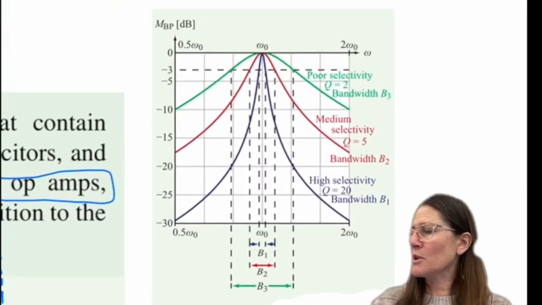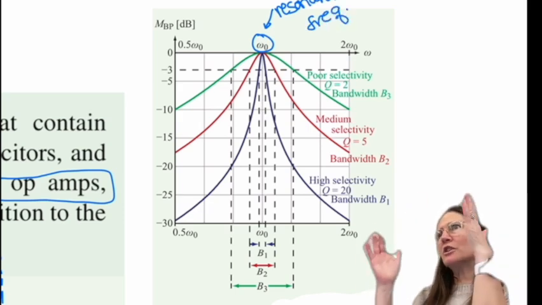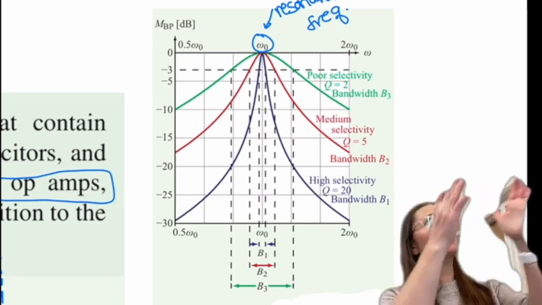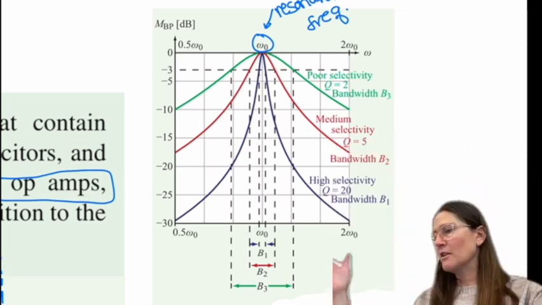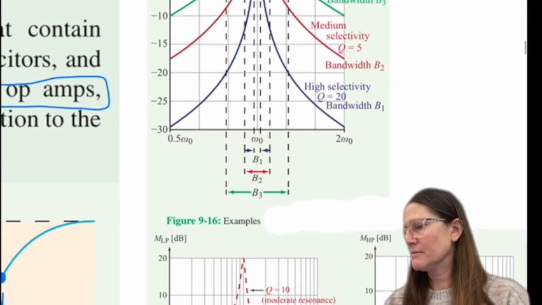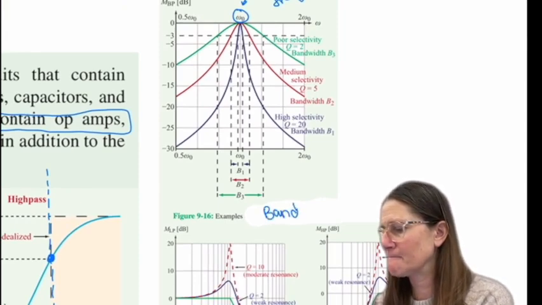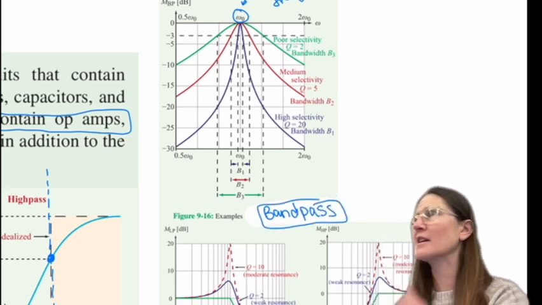All right, so the middle frequency, that omega naught, is what we consider the resonant frequency. And then we can see that the region that it actually operates in can be different. So if it's really long, remember this is a band pass. And for a band pass, we want to pass a specific frequency.